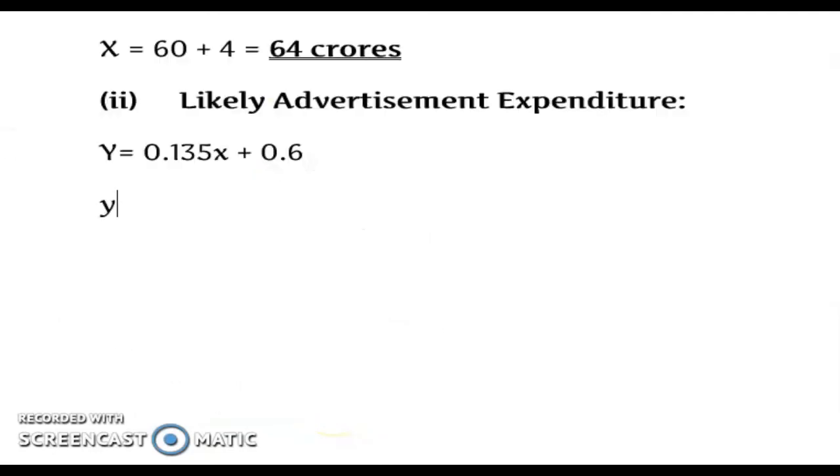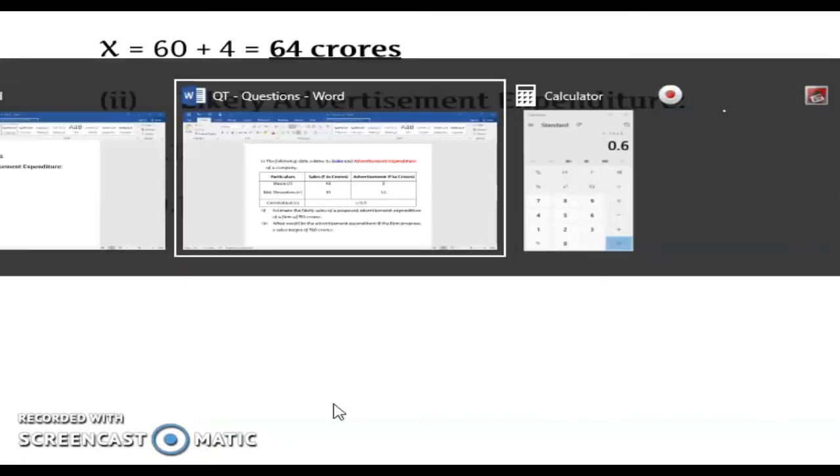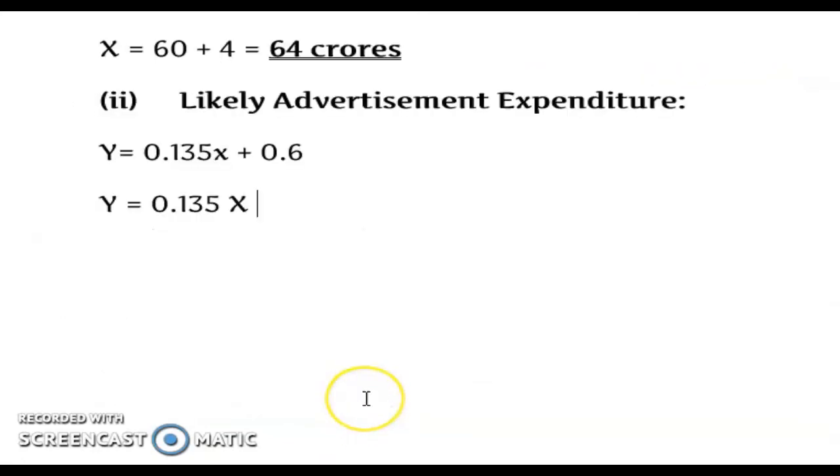Okay, y is equal to 0.135 into the likely or anticipated sales, which is 60 crores. Put this in brackets, plus 0.6.